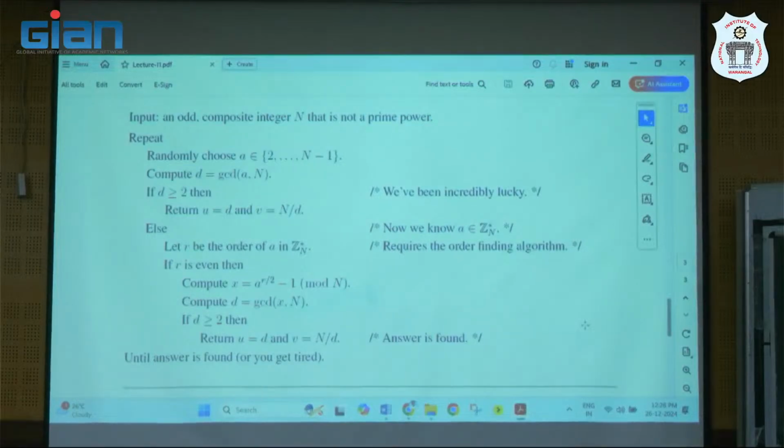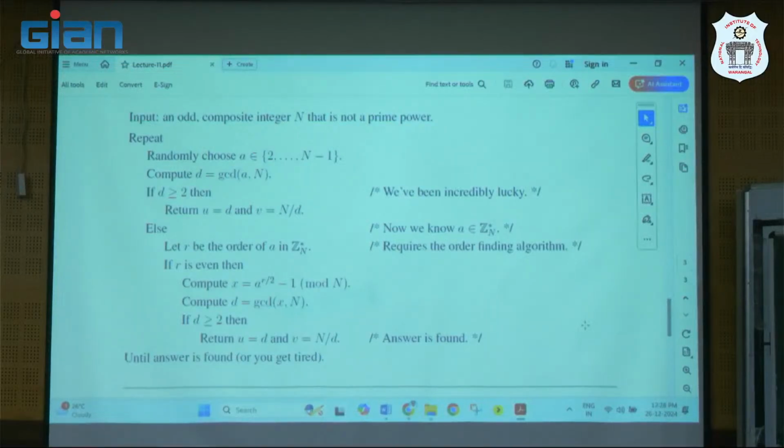Yes? What are we going to do? Our overall outer algorithm is what? Given n, we are only interested in finding one factor. Once we find one factor, we divide into two parts and repeat. Sir, when we say not a prime power, that means that number cannot be written as some prime number to some power. Yes. No, but I am saying before that also, suppose we are given any number n.